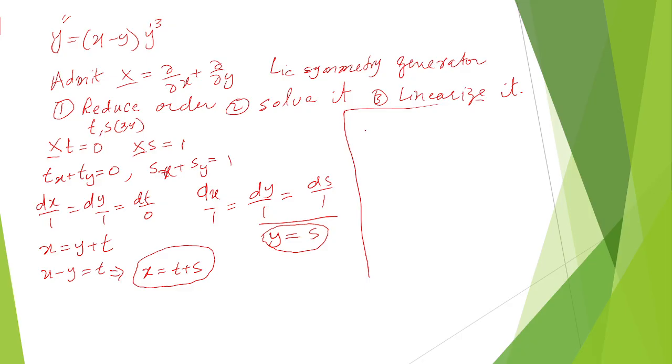Now I have to find y dash. y dash is dy, which is a function of t and s, and dx, which is also a function of t and s. And for the time being, I am taking s to be a function of t. So see, this is the total differential.